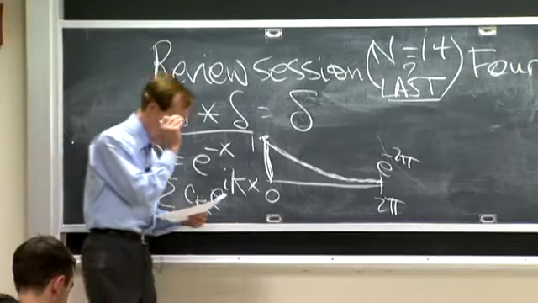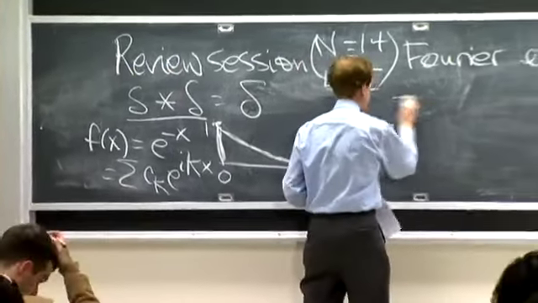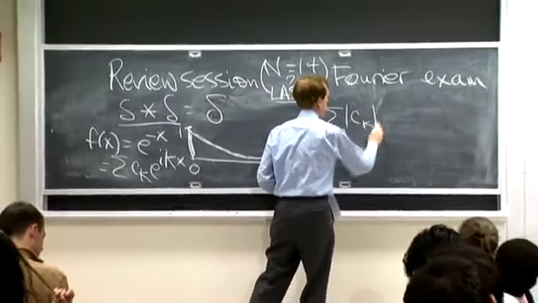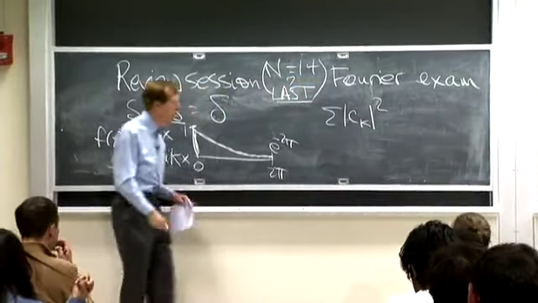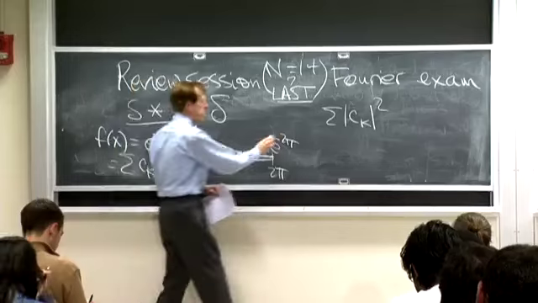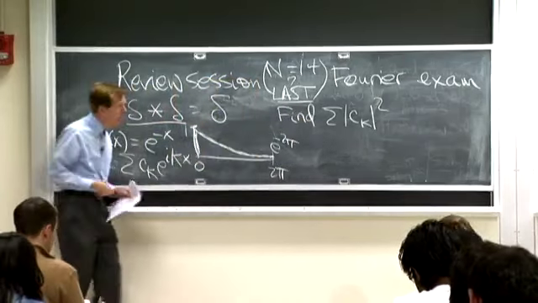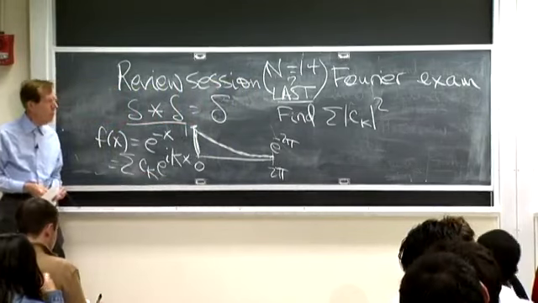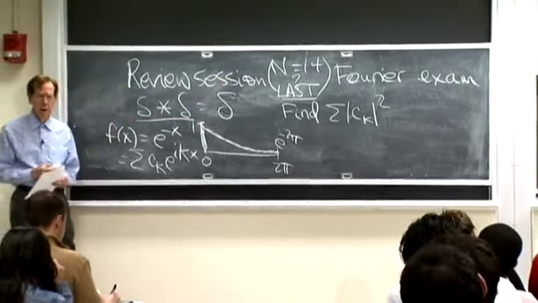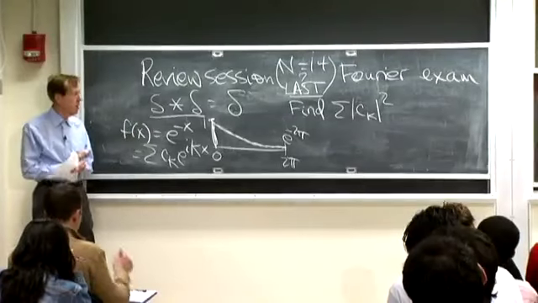Then it asks to compute the sum of those coefficients squared. So how can we find the sum of those coefficients squared even before I know what they are? Well, you know the answer, right? How am I going to do this problem?